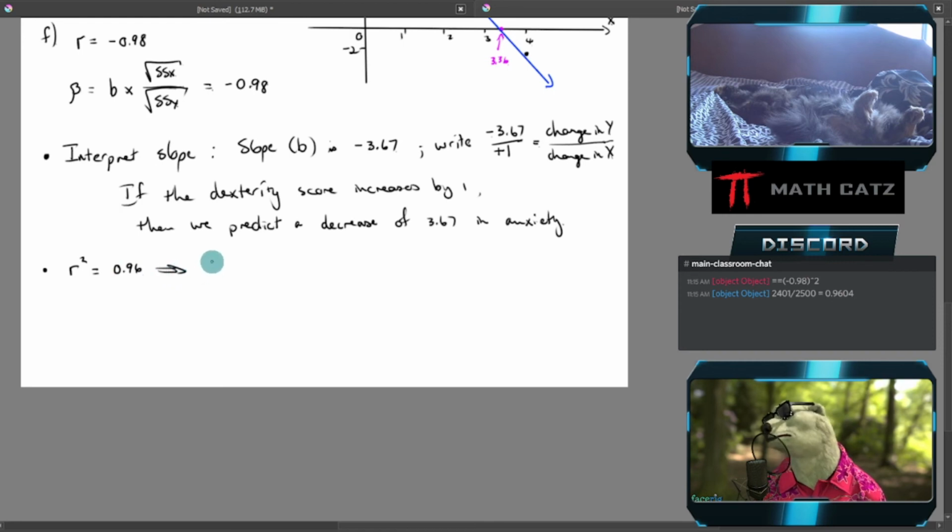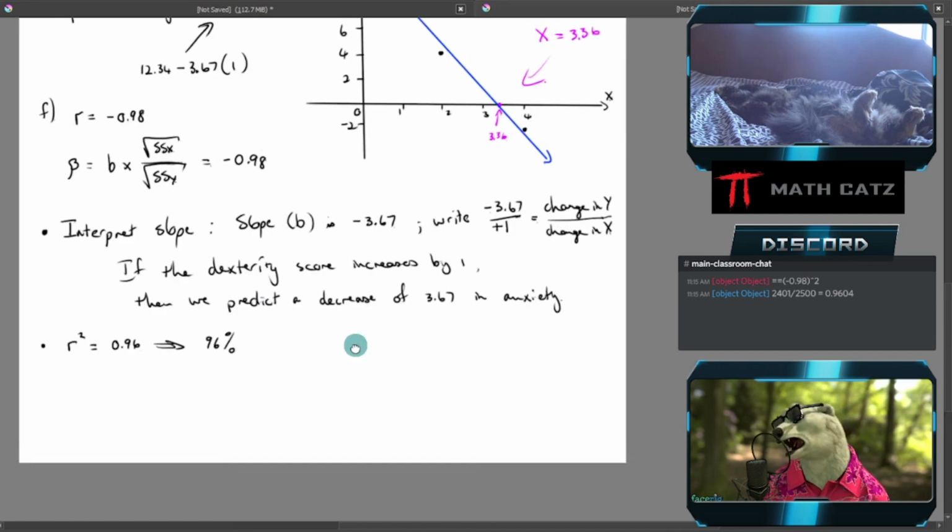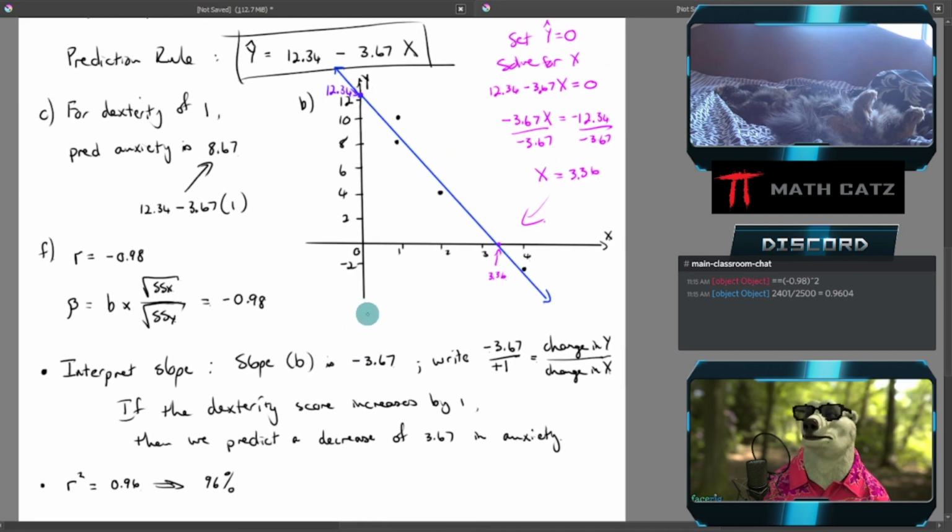I then convert that to a percentage, and this is always going to range between 0 and 1. The R squared in percentage form tells me how much of the variation in the y variable, the output variable, the predicted variable, is accounted for by this predictor variable x. So in this case, I have to remember what they mean.